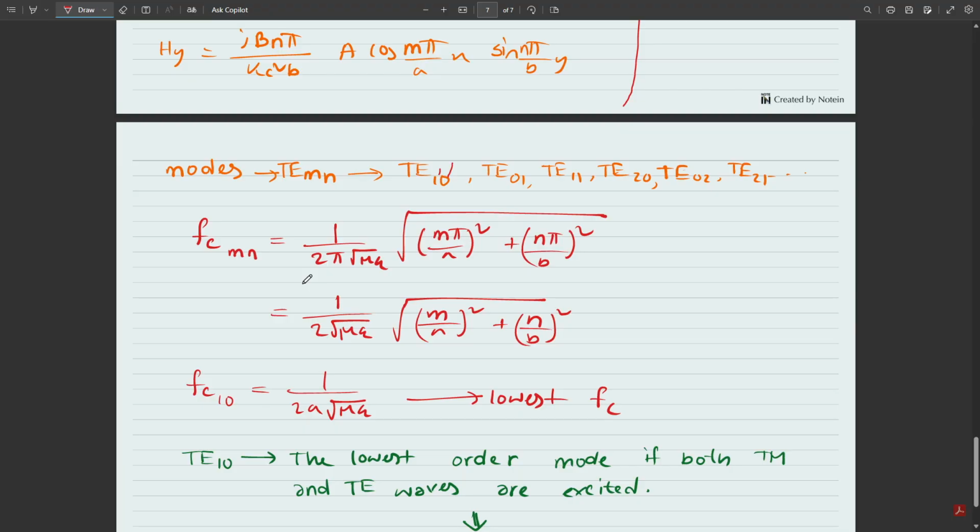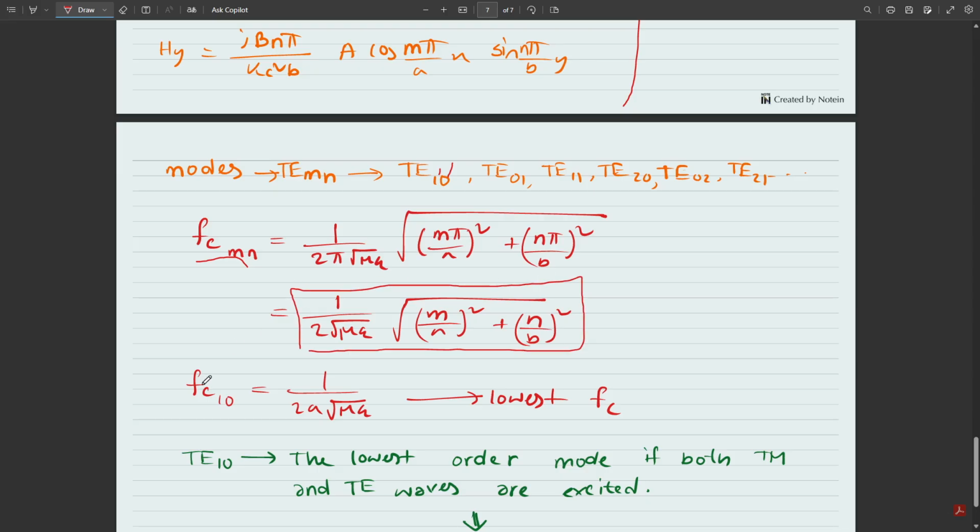If we write the cutoff frequency equation, the cutoff frequency becomes 1 by 2 pi root over mu epsilon, this being our wc, into the square root of (m pi by a) squared plus (n pi by b) squared. If we take the pi outside, it will cancel out, so the final equation that we can use is this one.